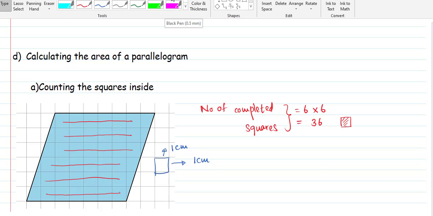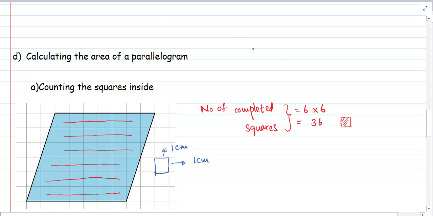Now let's calculate the remaining squares. Here you can see that by combining this part with this portion, you will have a perfect square again.